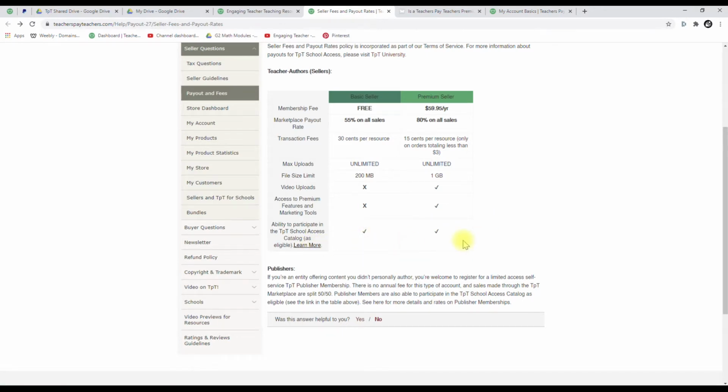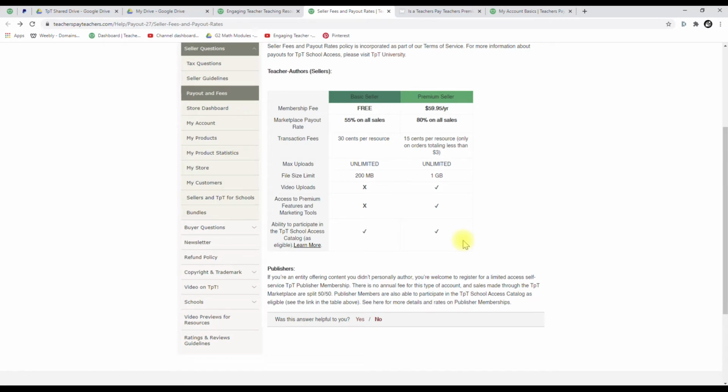So if I'm looking at this, if I sell a product right now, I get 55% of the sale, but then after the 55%, they also take 30 cents per that resource. Yes. And then if I'm premium, I get 80% of the sale. They don't take anything as long as my product is $3 or over. Correct? Yep.